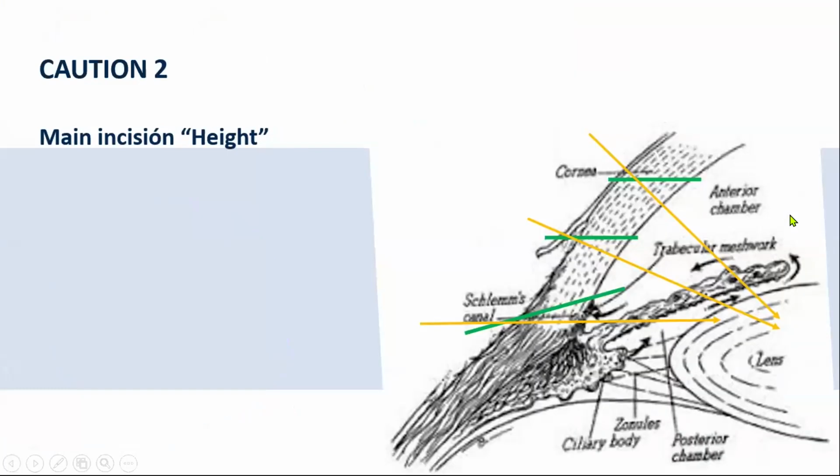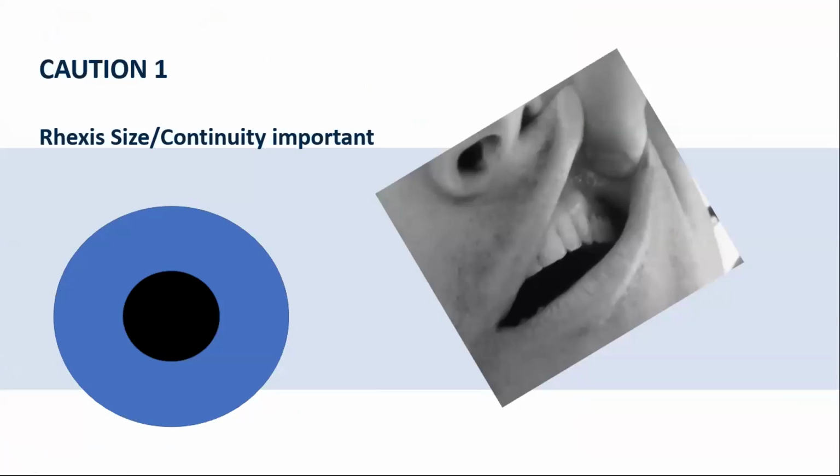Okay, now cautions during implantation. Caution number one, you may find some difficulties if you don't have any expertise in implanting CTRs, mostly the thicker ones, the square section. If you do a smaller rexis during the implantation, you may experience stretching of the rexis, and this sometimes is frightening and will bring you some stress.